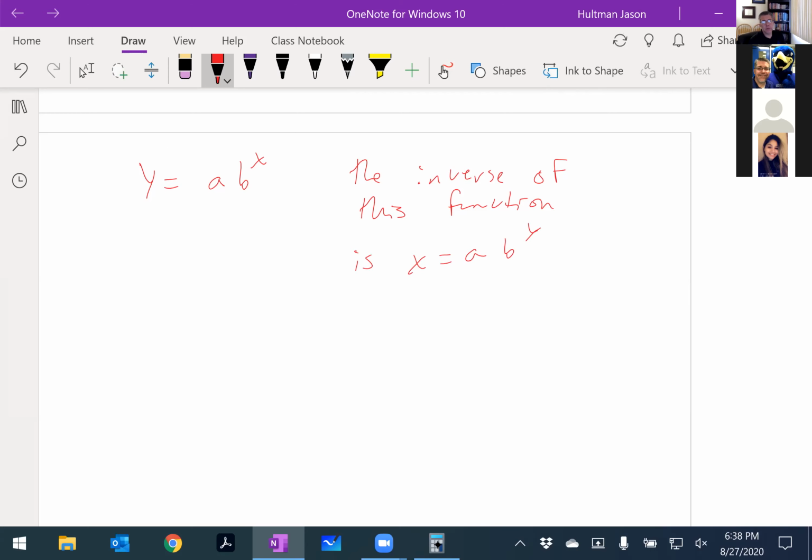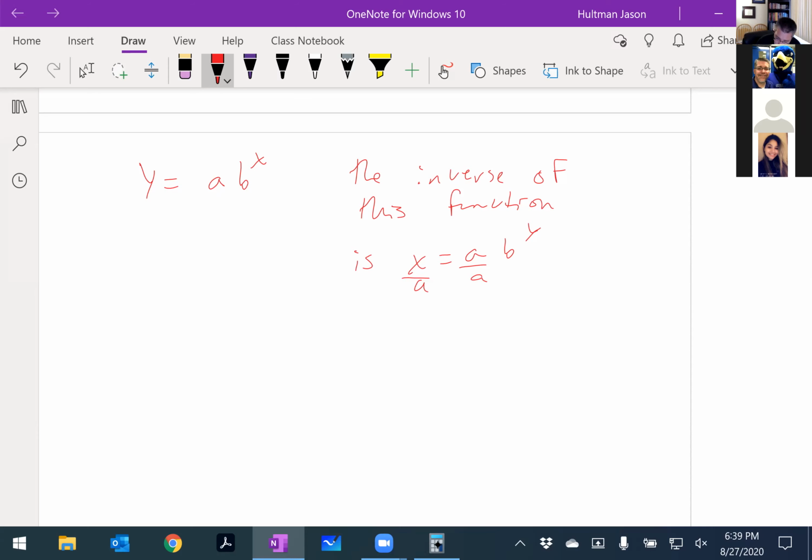So how am I going to deal with this? I want the inverse of the function. Well, what we do is we create something called a logarithm. I'm going to divide by a, so this becomes x over a. Whatever number is in front is just being divided out now.